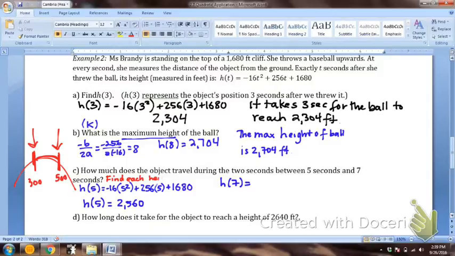I have 2,688. Okay, so negative 16 times 7 squared, plus 256 times 7, plus 1680. So I have negative 784, plus 1,792, plus 1680. Does anyone else have 2,688? Yeah.